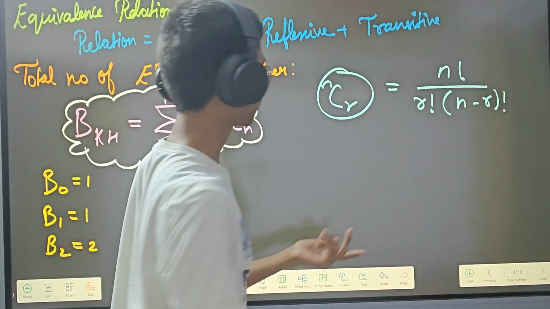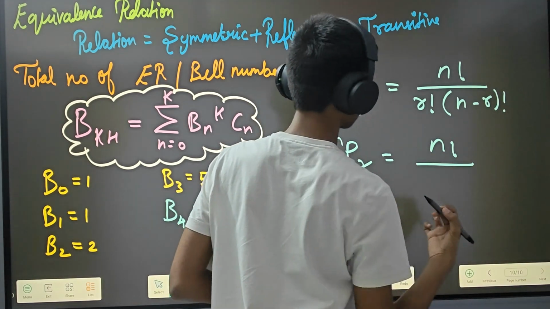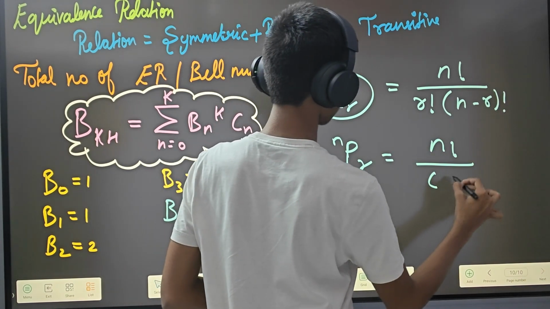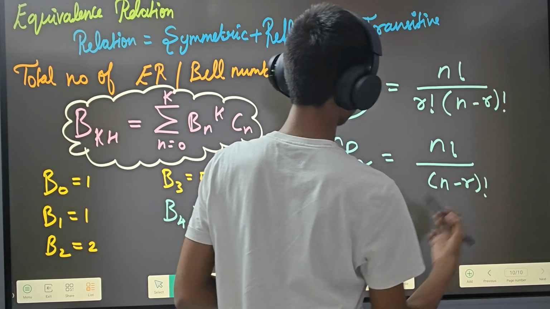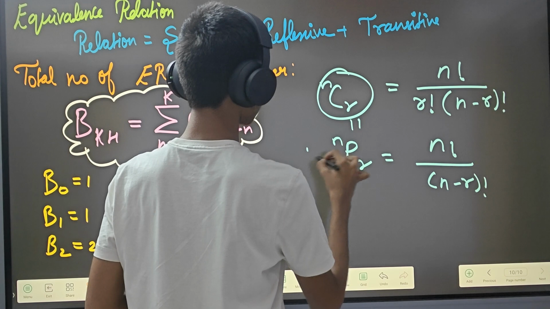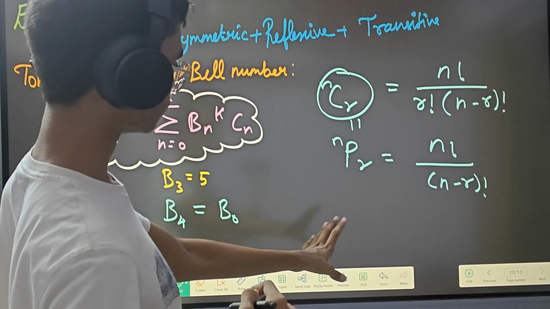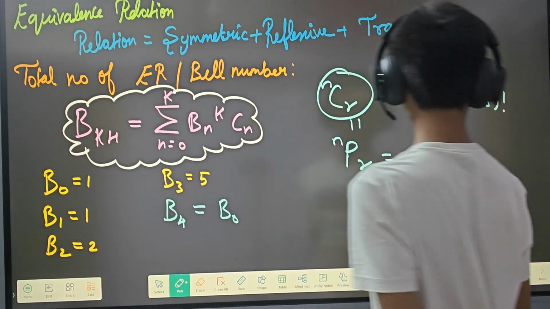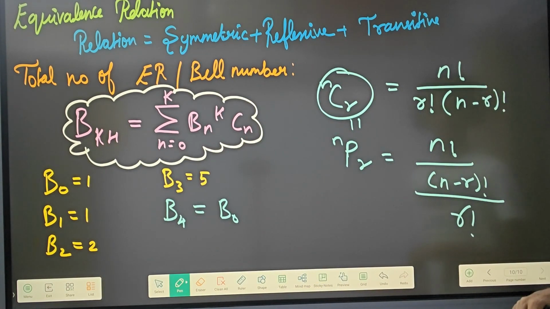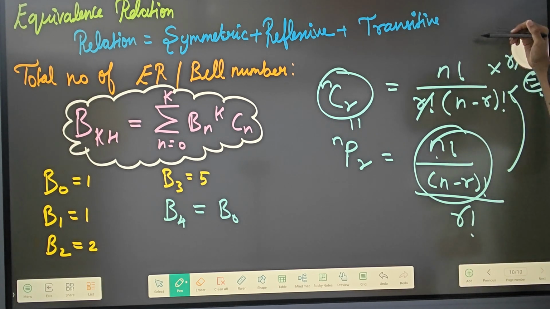For permutations, the relation between the two is that you divide the permutation by r factorial, or multiply the combination by r factorial, so they cancel and you get this formula.